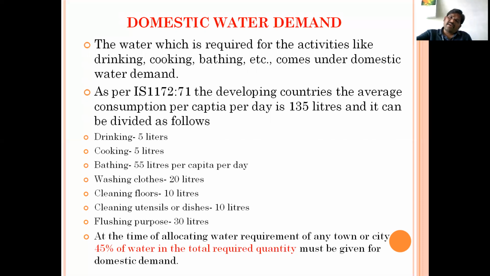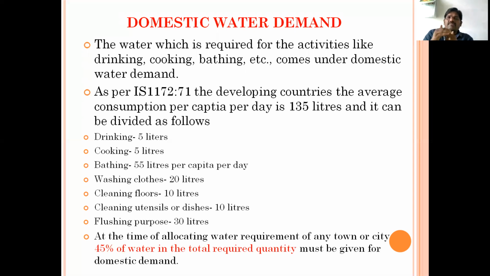In certain countries the consumption of water in winter is very minimum. Water demand also fluctuates with respect to the hour: during office hours the consumption is more, during non-office hours, that means at night or midnight, the consumption is very low.